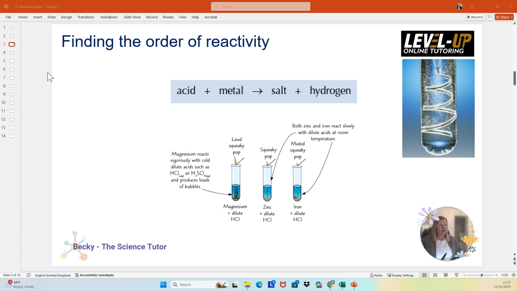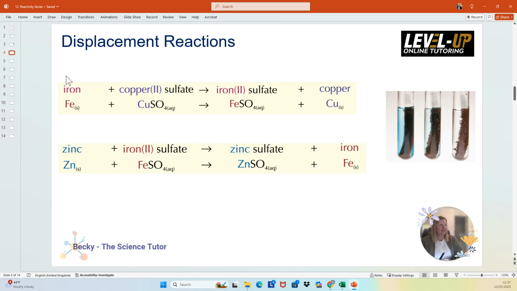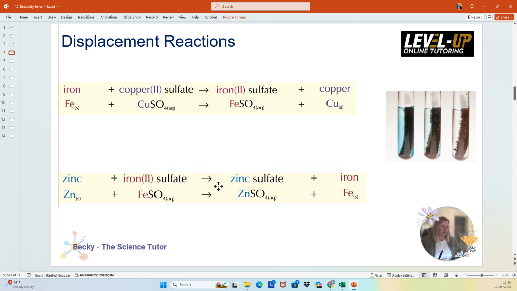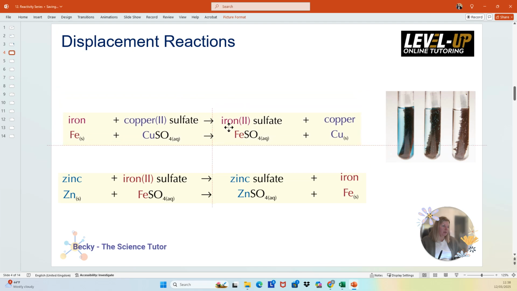The second method then, again, that we have already covered in terms of what a displacement reaction is when we looked at group 7. Yes, they are not metals, but the principle of it is the same. So in a displacement reaction, a more reactive metal will displace a less reactive metal. I'm just going to budge these down. I stole these because they were nice and colour coordinated, which makes it easy to see where things are moving from and to.